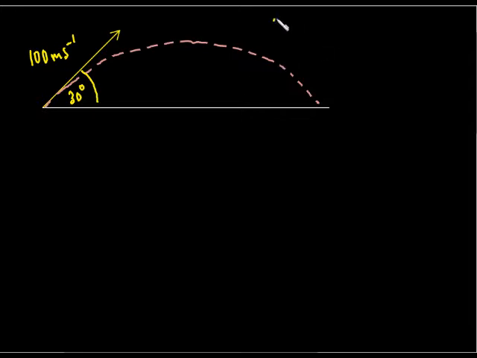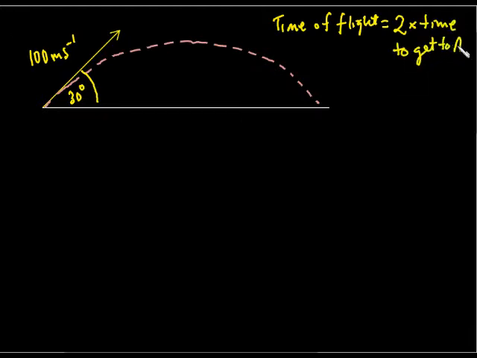The total time, or the time of flight, is equal to twice the time it takes to get to A, where A is the top of the projectile trajectory. So if we can determine how long the projectile takes to get to this point, we can simply multiply that by 2 and that gives you the total time spent in the air.